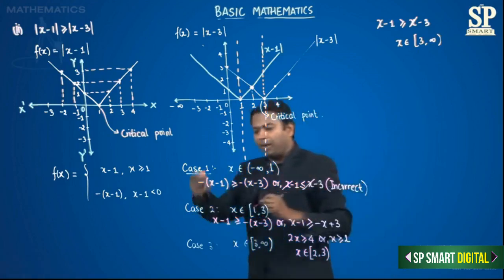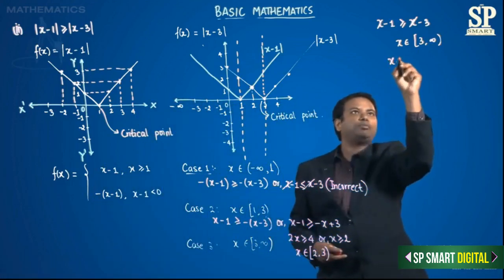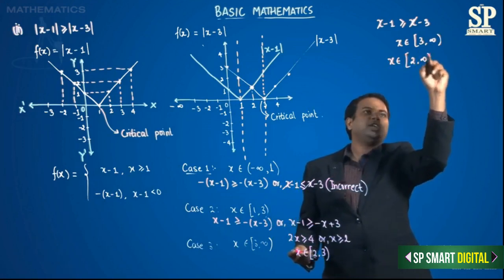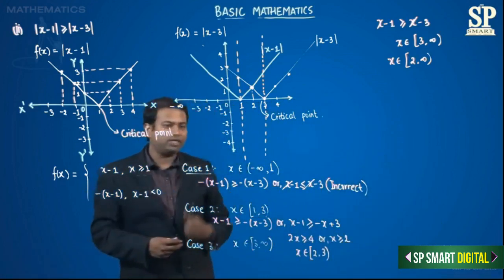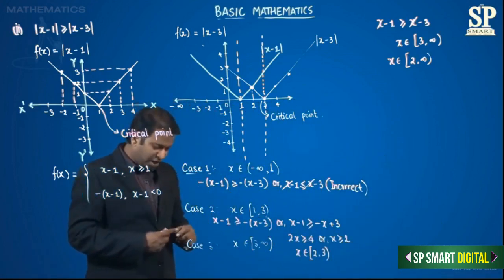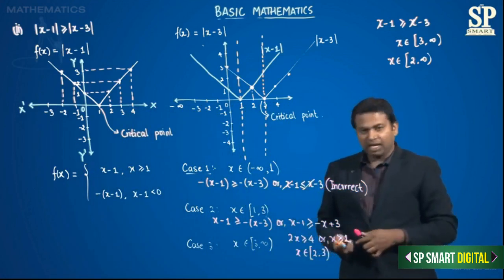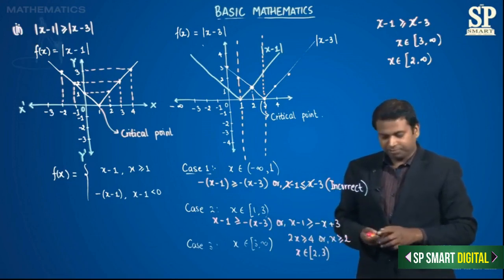And if we club up all these three cases, we have the solution x belongs to 2 to infinity. So that is how we solve questions related to modulus functions and their inequality. Now that we have understood in detail about the modulus function, let us note down a few inequalities related to modulus.